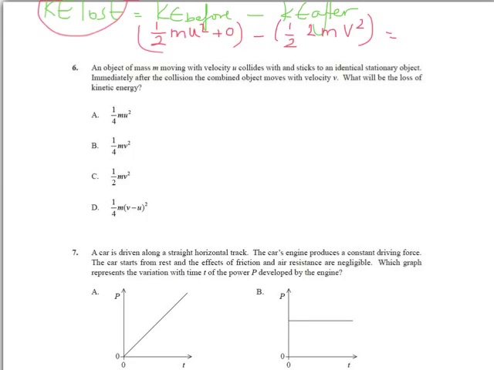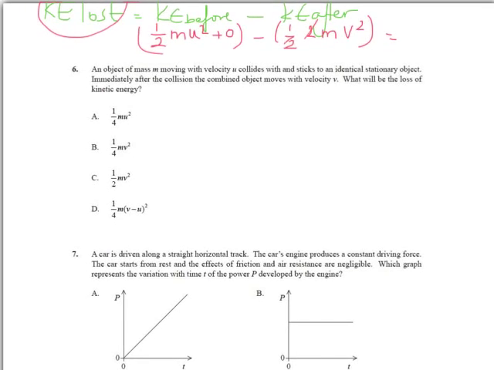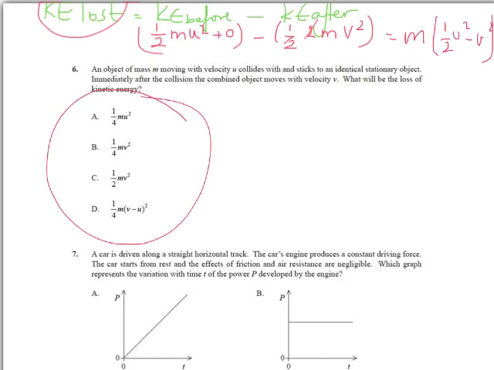Well, the objects combine to give a total mass of 2m, and their velocity is v. So it becomes a half times 2m v squared. These two cancel out, and we can simplify to give m on the outside, a half u squared minus v squared, which takes us nowhere because that is not one of the options.